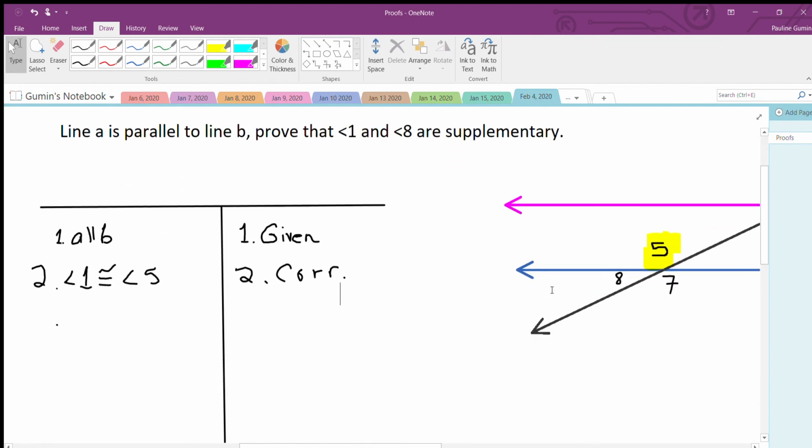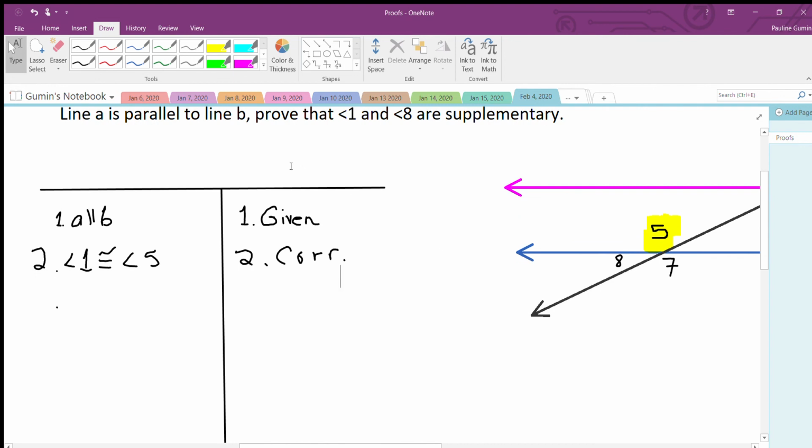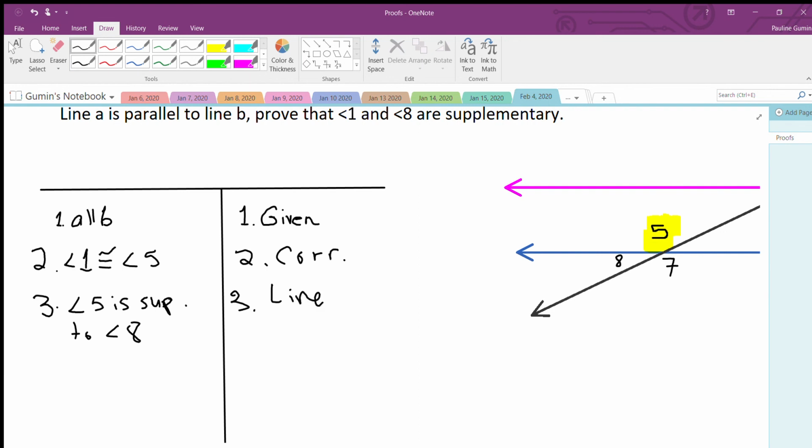So let's say angle 5 is supplementary to angle 8. And we know this because they are a linear pair. This one I'll write out.